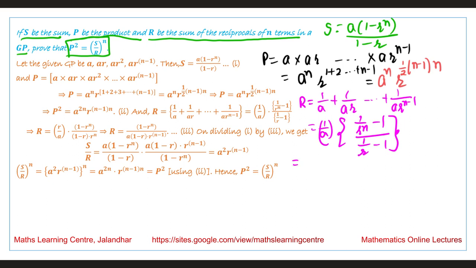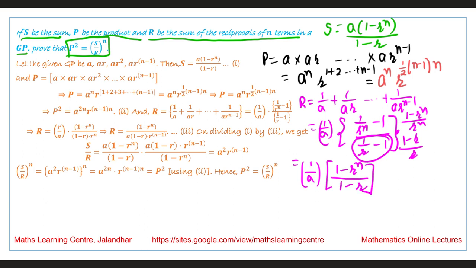So when you solve this value, this will become 1 minus r over r, into 1 minus r raised to the power n over r raised to the power n. So the answer we are left with, if we shift this r over there, is 1 by a into 1 minus r raised to the power n over 1 minus r into 1 by r raised to the power n minus 1.